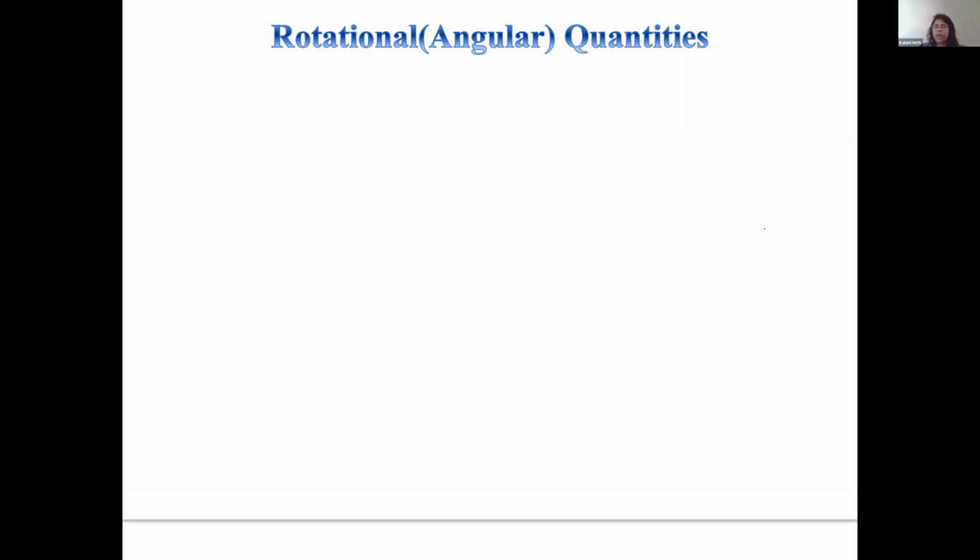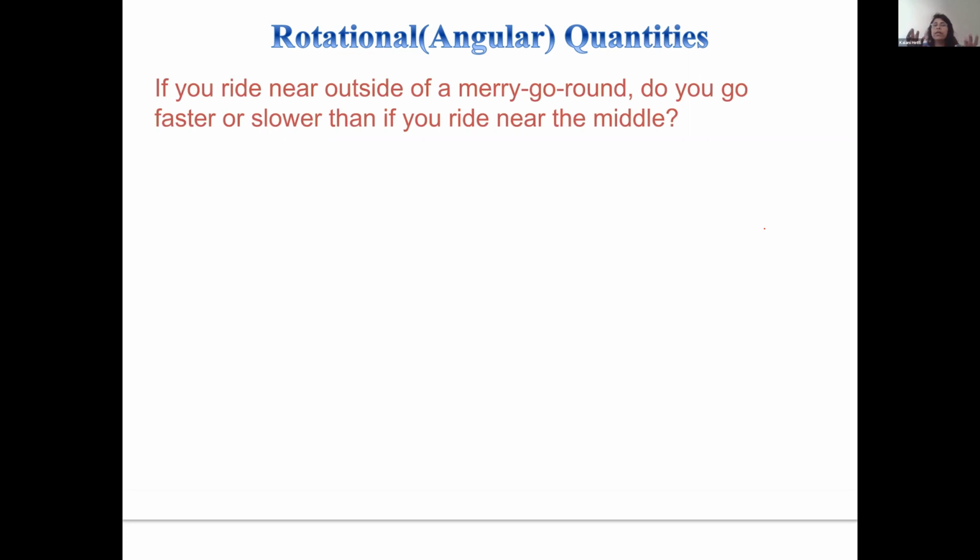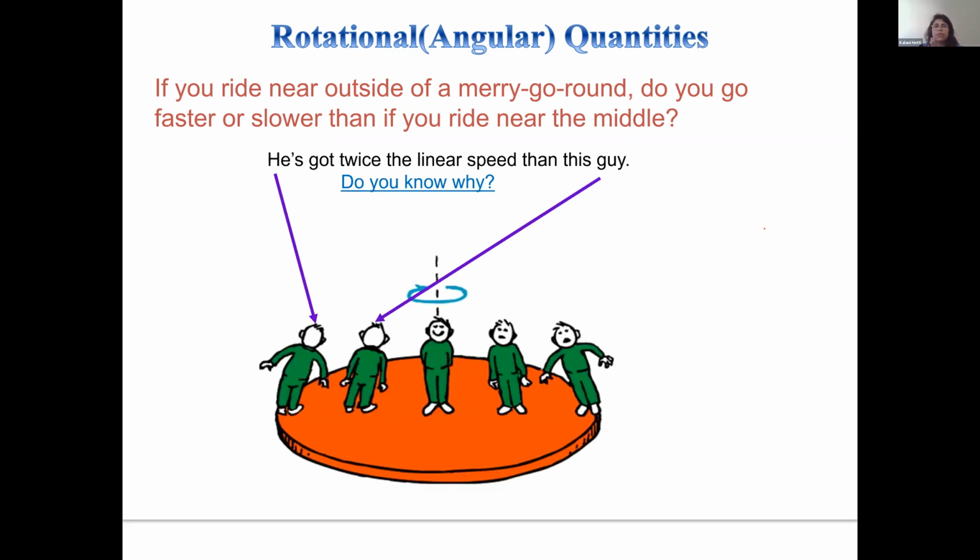Okay, so now everybody has ridden the merry-go-round in childhood, or you still go to the merry-go-round. So now if two people sit in two different places, we'll say this example. So I have you and your friend. We'll say this is you and this is your friend.